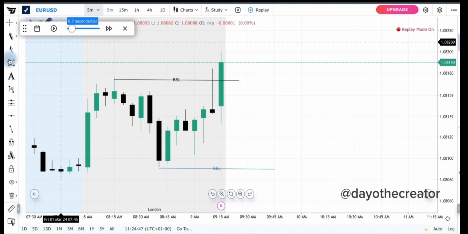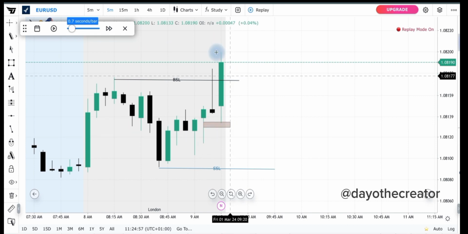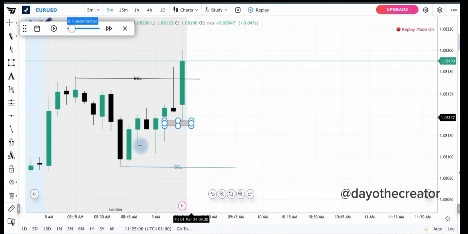After it tapped into the fair value gap, it went up to swipe the previous high, which is this, thereby getting your trade for the London session.